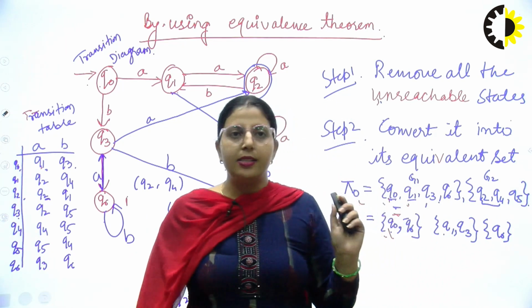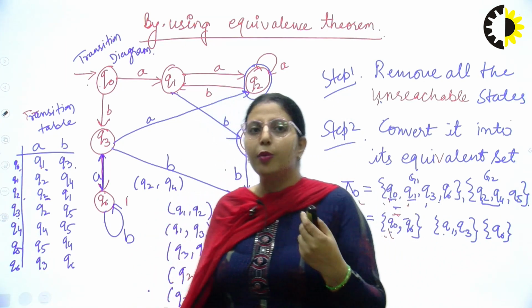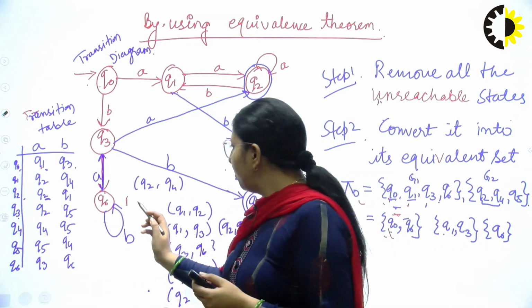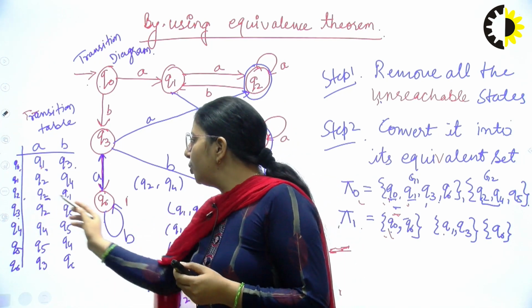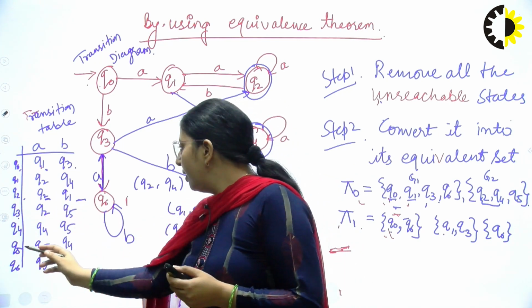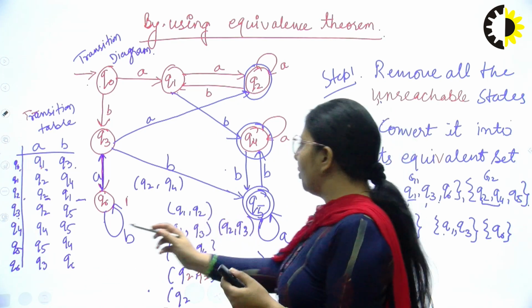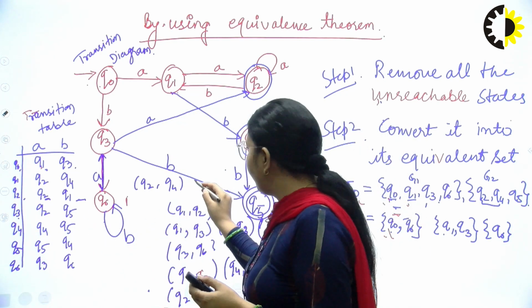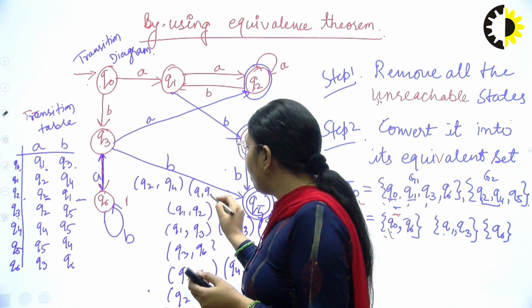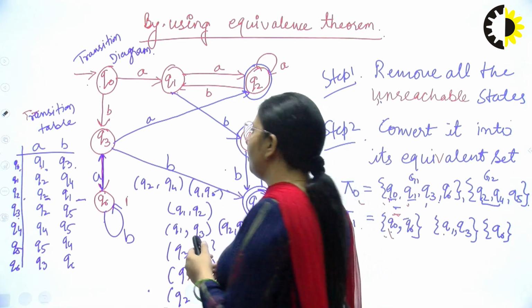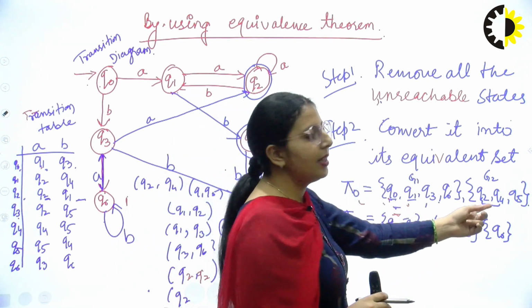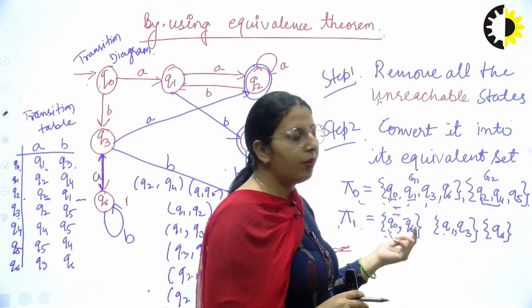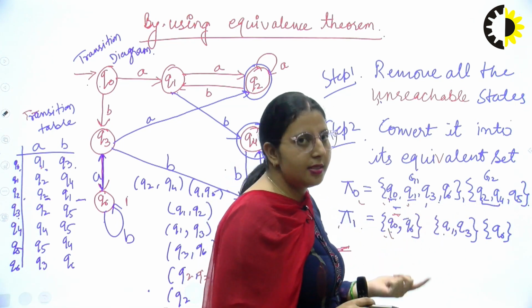Yes, they do. Now we have to check for another input, B. For input B, Q2 goes to Q1 and Q4 goes to Q5. Q1 comma Q5: do they lie in the same set? No, they lie in different sets. So we cannot combine these two states as a single state.